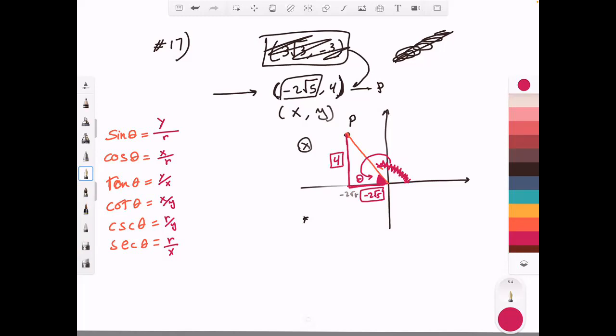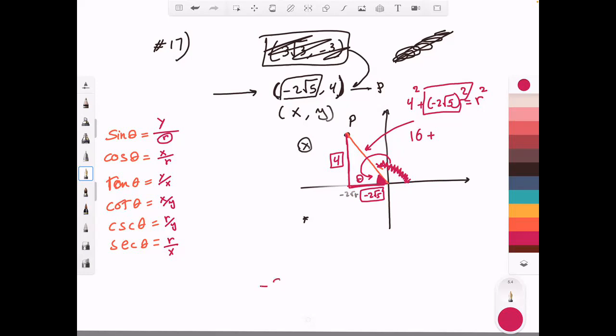What's the next step? A squared plus B squared equals C squared. Yes, we need to solve for r because all of them have r. So 4 squared plus negative 2 root 5 squared equals r squared. This is 16. Negative 2 root 5 squared. We don't want to make any algebraic mistake. If you make a mistake here, the next 20 minutes is going to be wrong. Everything you do is wrong.